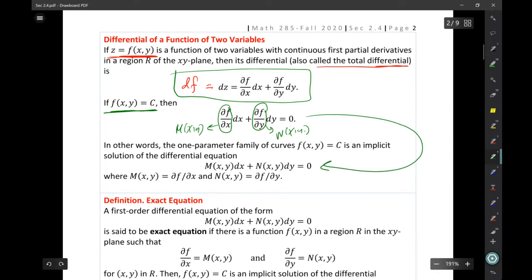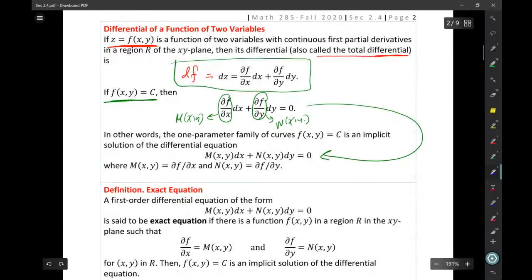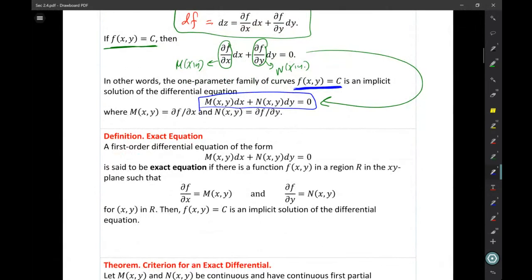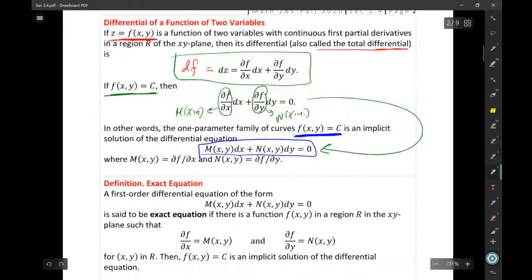Then this case now becomes M of x y dx plus N of x y dy equals 0. Now, in this case, the solution for this differential equation is the function f of x y equals c, as I said. So let us see what the meaning of exact is first. This is the definition of total differential.